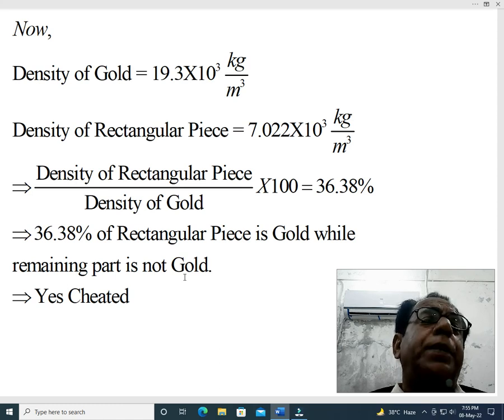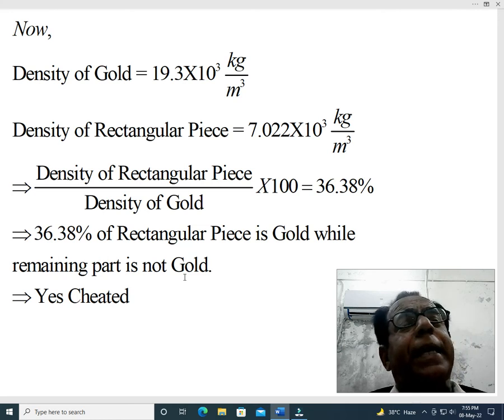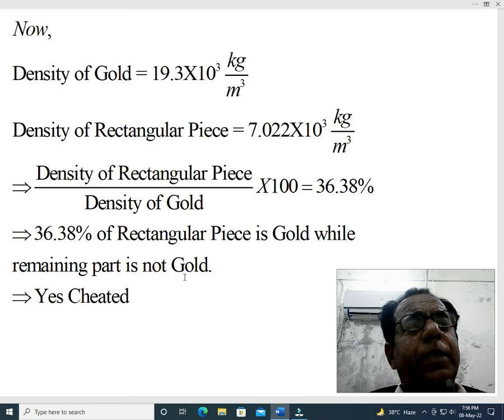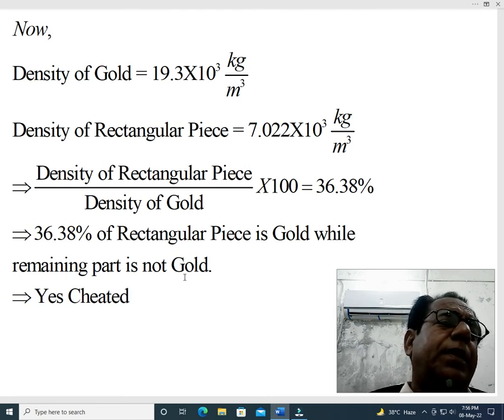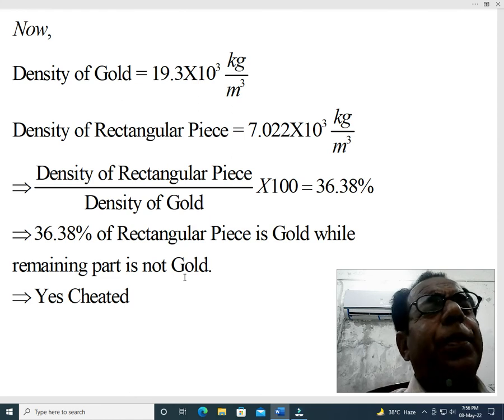It is appropriate to say that it is 36.38% pure and remaining about 63%.